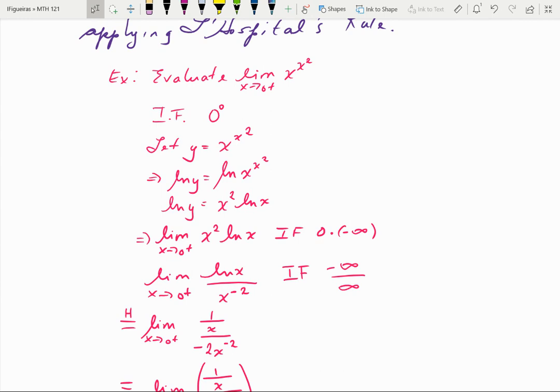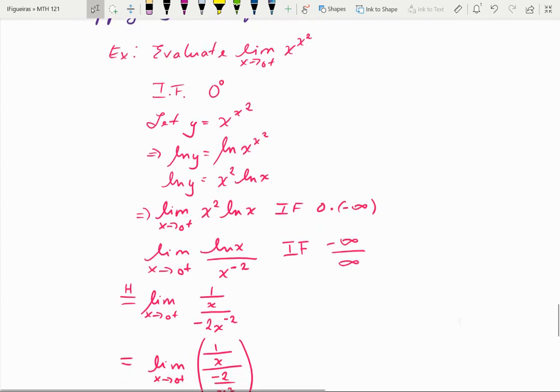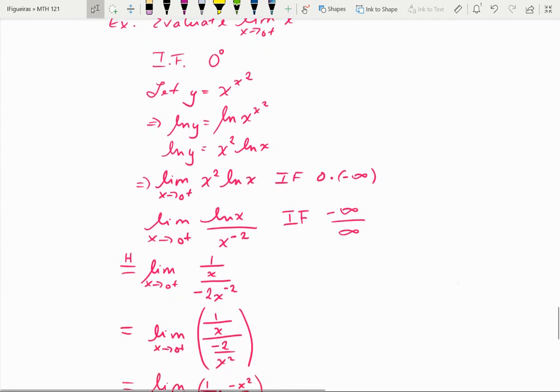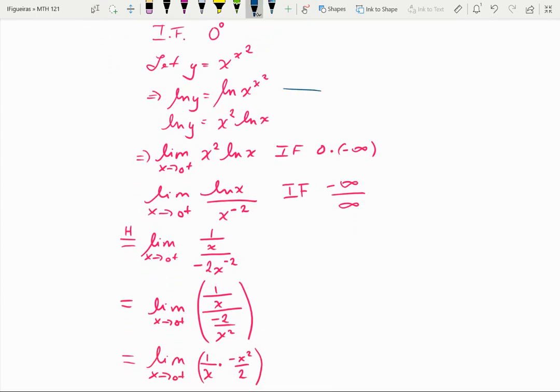So y equals the function that we're taking the limit of, x to the x squared. Take ln of both sides. So I have ln of y equals ln of x to the x squared. The x squared now goes in front of the ln. So you have ln of y equals x squared ln of x. This is what we want to take the limit of.